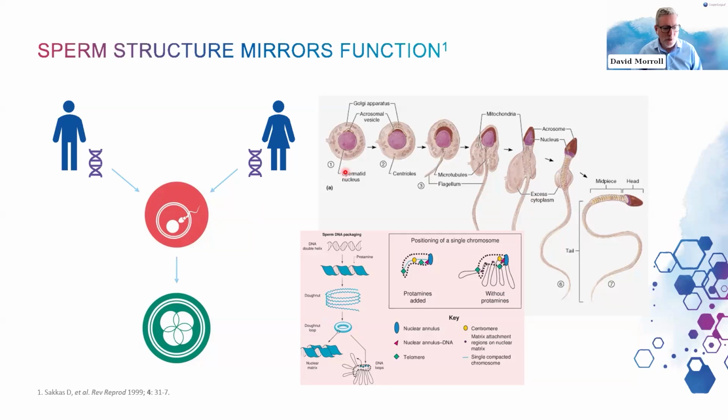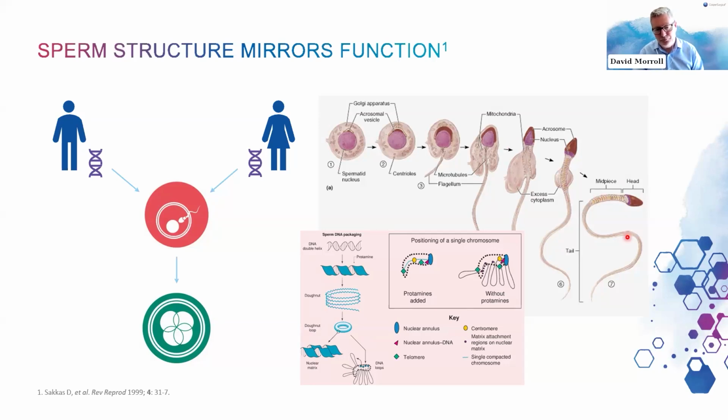And I'm sure you're all aware that sperm undergo a radical restructuring from when they are a haploid spermatid, when the cell is completely remodeled to form the mature spermatozoan that we're typically used to seeing down the microscope.